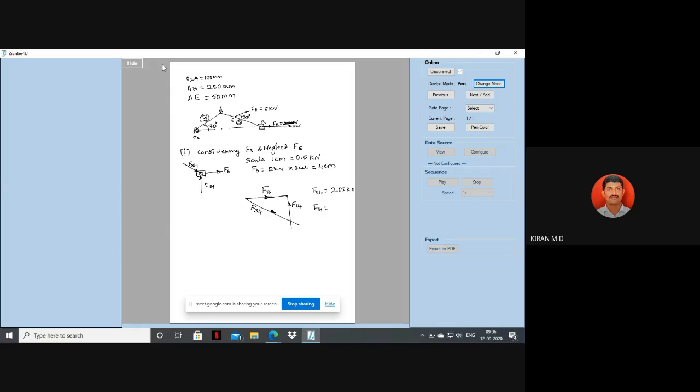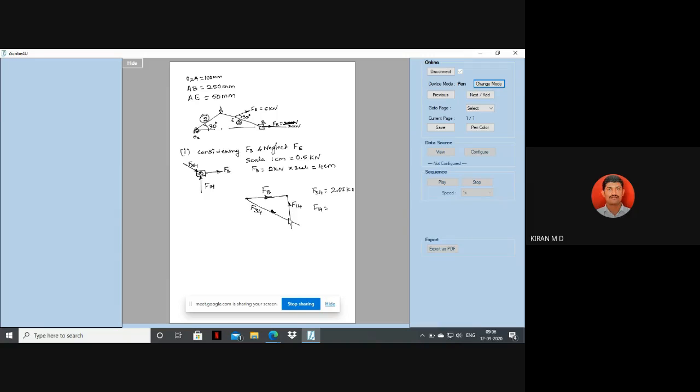Then what about F14? I'm getting F34 as 2.25 kilonewtons and F14 as 1 kilonewton. But F14 should be less. I got 2.05 for F34. 2.25, okay, so somehow it's okay.